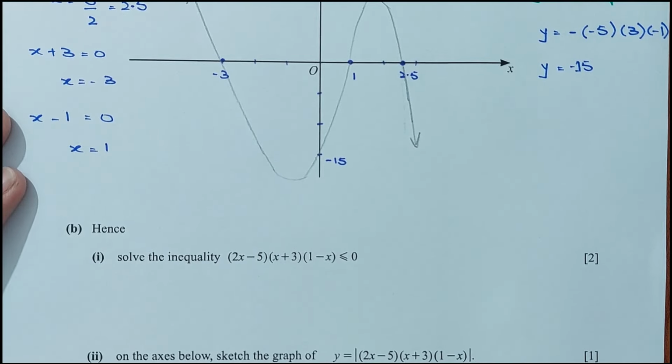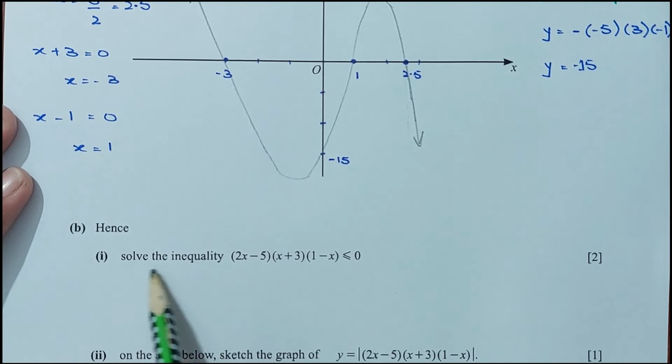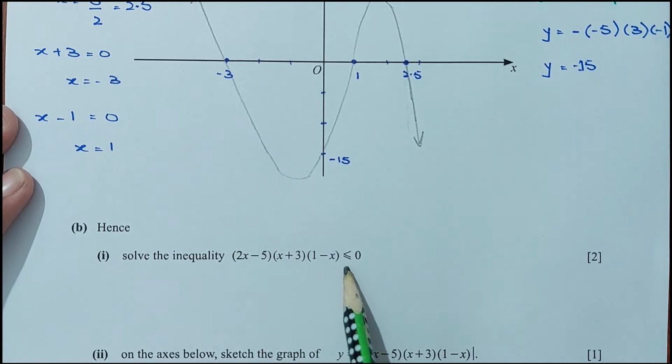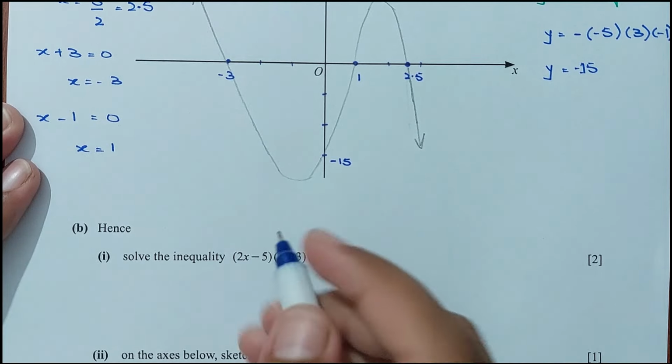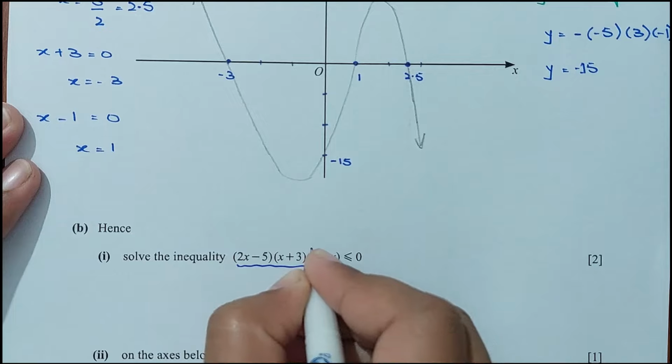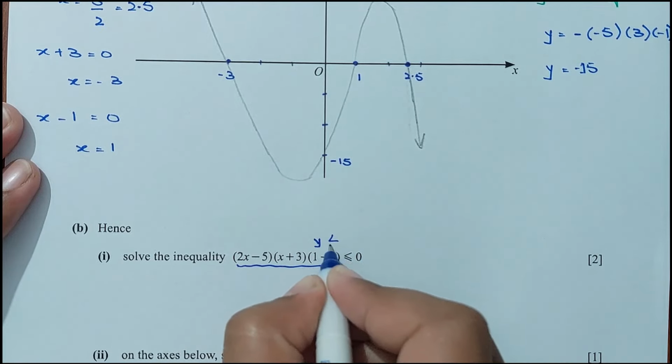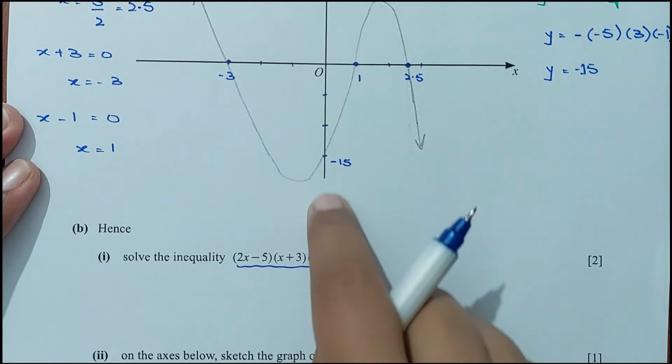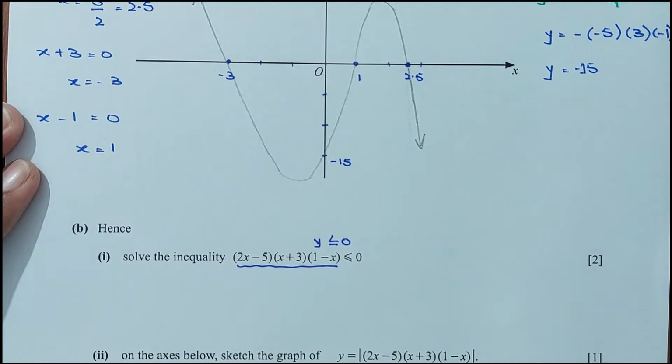Now moving to part B, number 1: solve the inequality where this is less than or equal to 0. So look at the graph, this would be the function y. We have to find when y is less than or equal to 0, on what values of x?